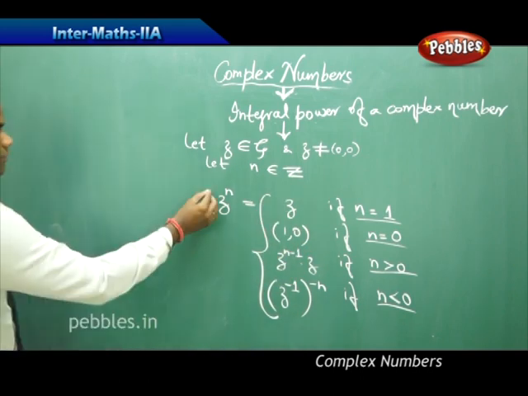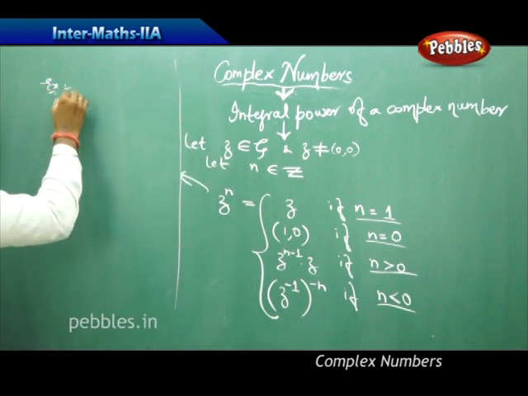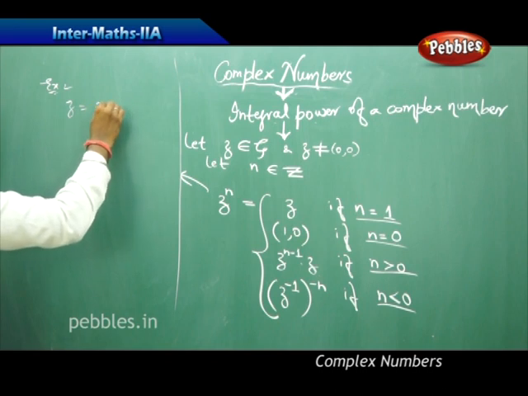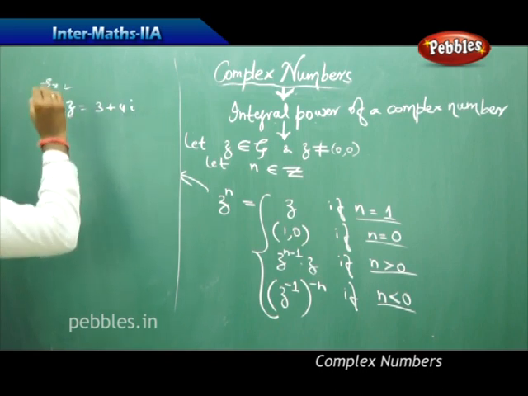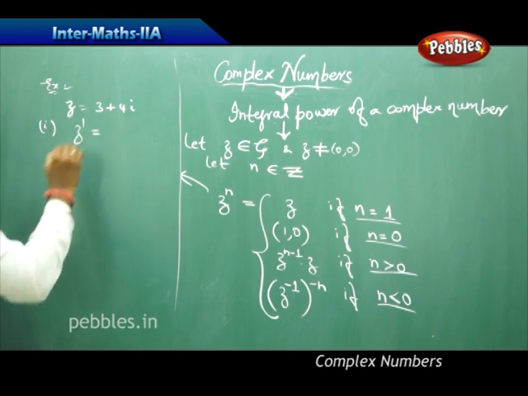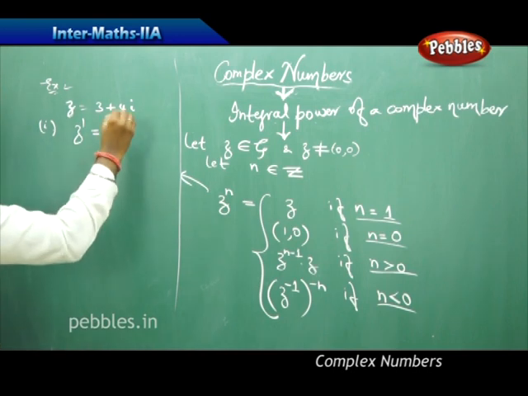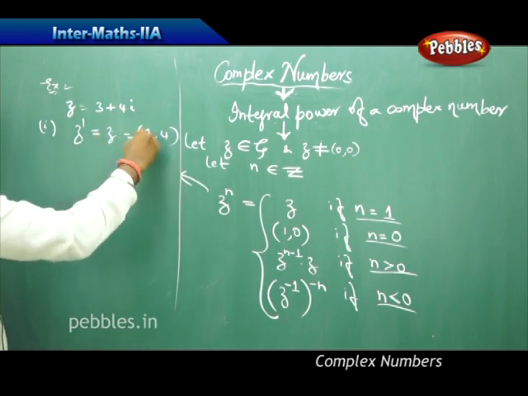For each case where n is positive or negative, we use these concepts. Say for example, if I take the complex number z = 3 + 4i, and I want to find z^1, then z^1 is nothing but z, that is (3, 4).